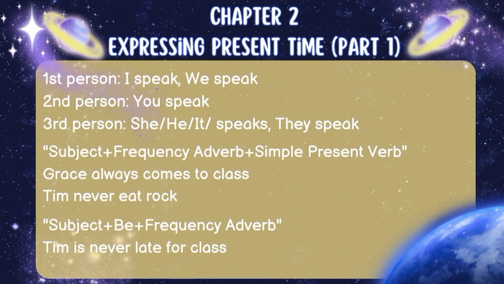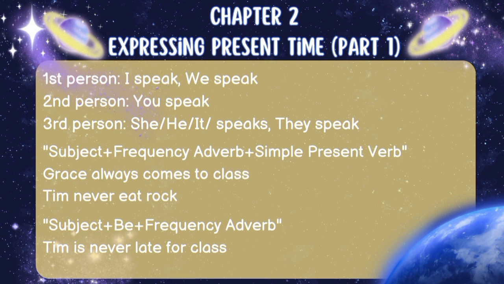Using frequency adverbs. Always is 100%, usually is 90 to 99%, often is 75 to 90%, sometimes is 25 to 75%, seldom is 10 to 25%, rarely is 1 to 10%, never is 0%.